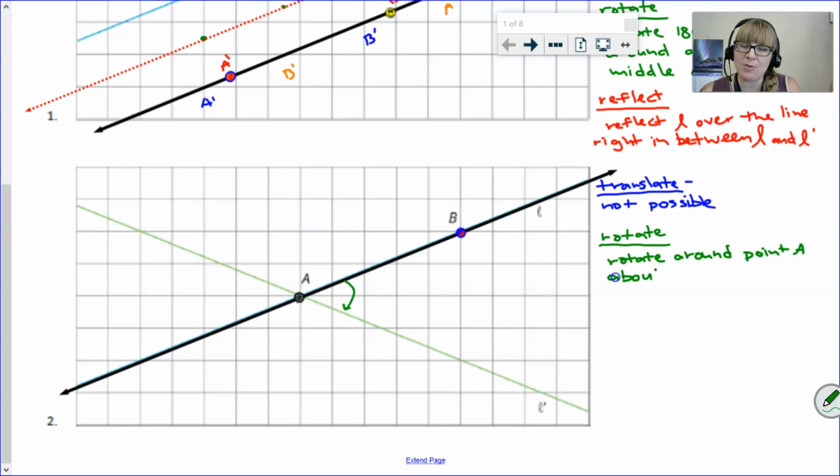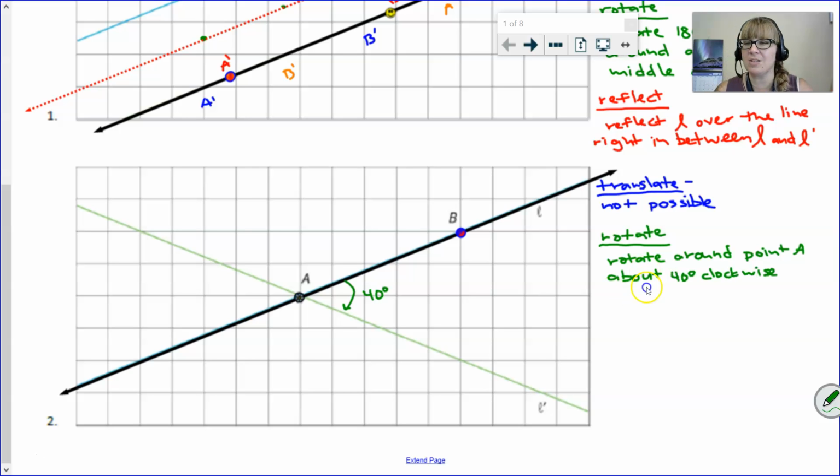Instead of getting out my protractor, I'm just going to estimate that. It's definitely less than 90 degrees. It even looks like it's probably less than 45 degrees. We can maybe say that that's about 40 degrees. That's just an estimate. Rotate around point A about 40 degrees clockwise.